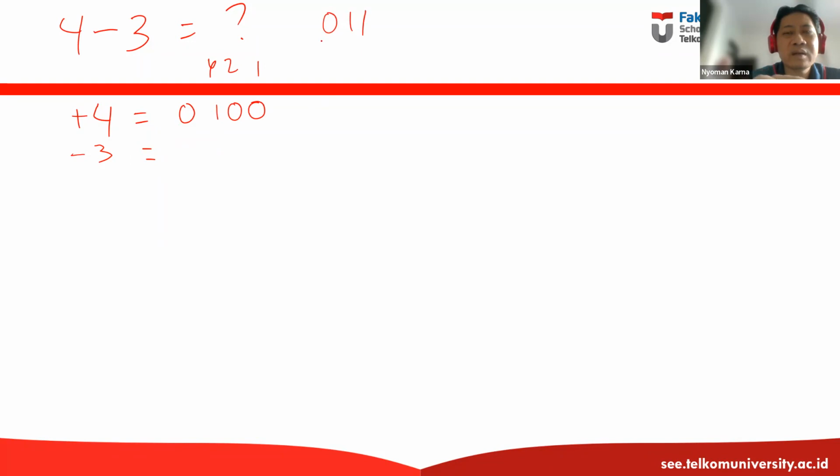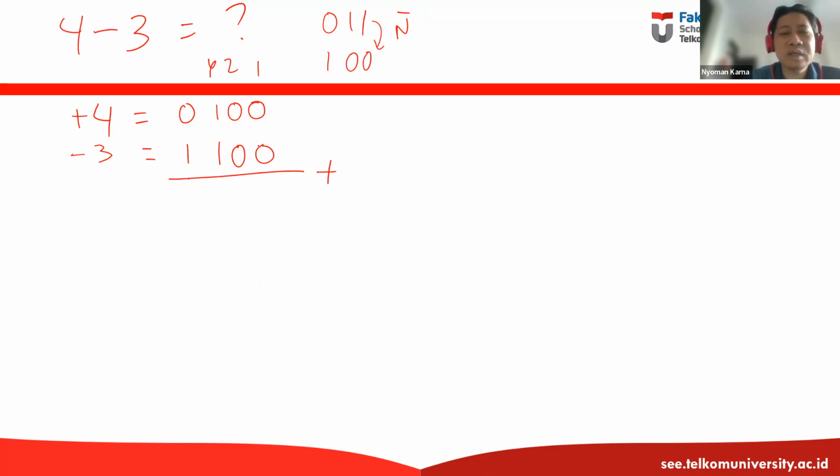And in 1's complement, we just need to complement everything. So it becomes 1, 0, 0, and then the sign bit is 1. So this is minus 3 in 1's complement.